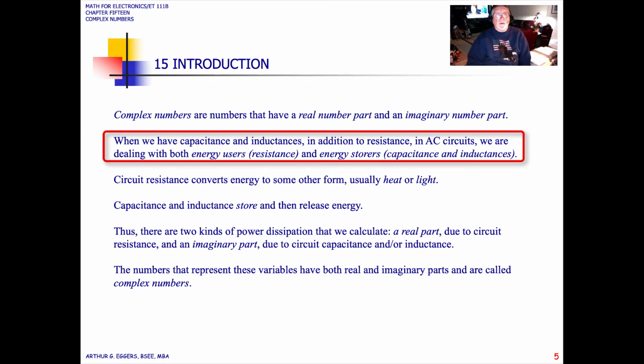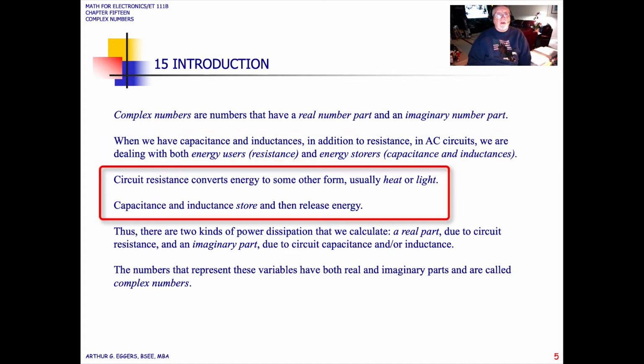One type of component is the resistor, which is an energy user. The other is an energy storer. Circuit resistance converts energy to some other form, usually heat or light, like we've talked about before. Capacitance and inductance store and then release the energy.